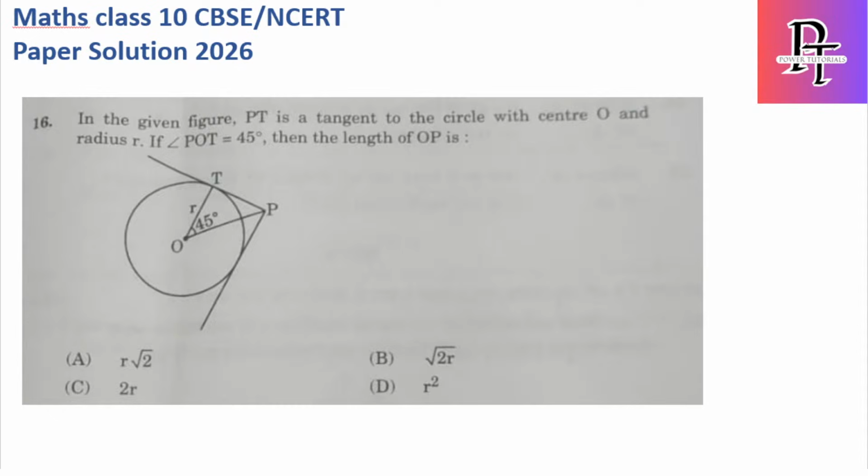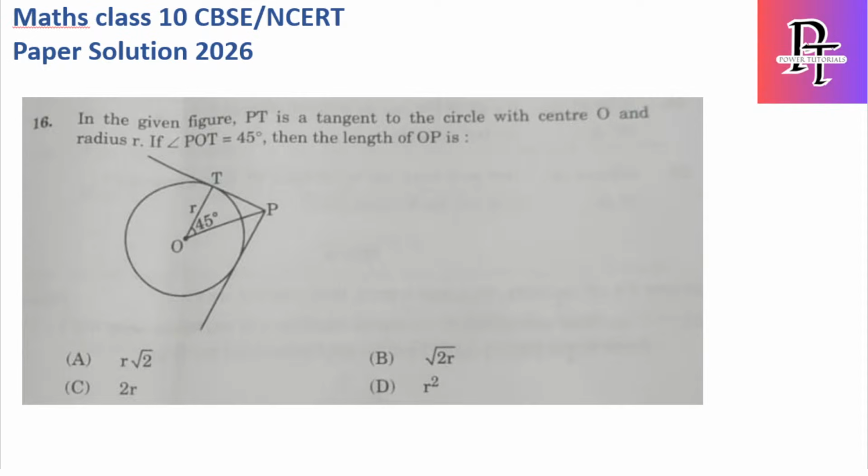Let's move to 16th question. In the given figure, PT is the tangent of circle to center O and radius R. If POT is 45 degrees, find the length of OP. Okay, so this is a similar question which was solved previously. It is related to tangents type of question.